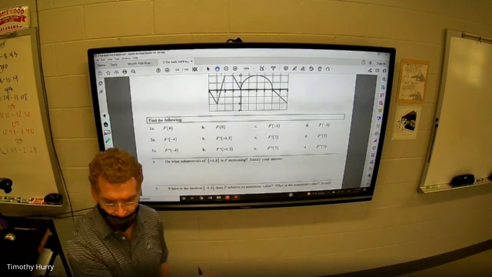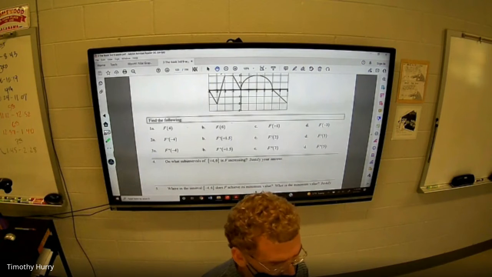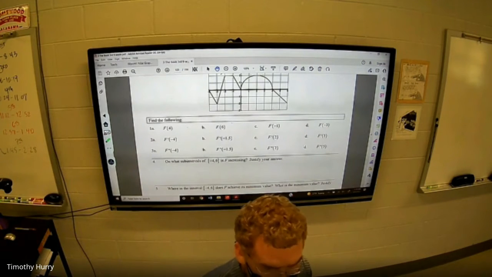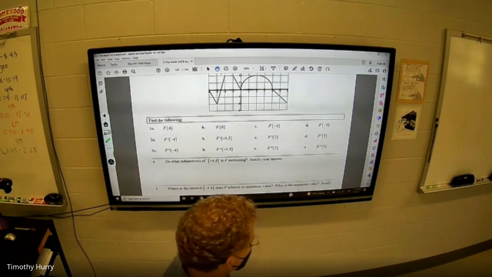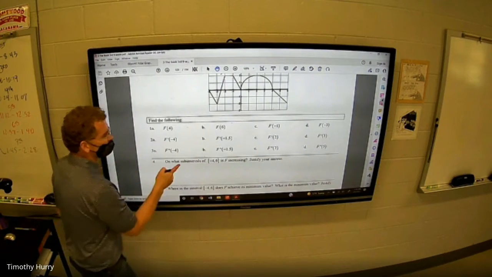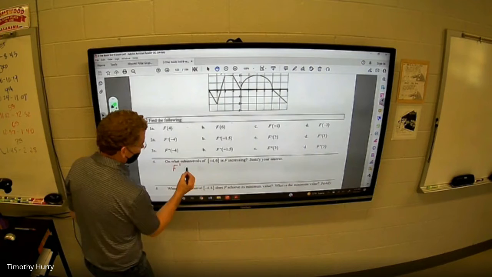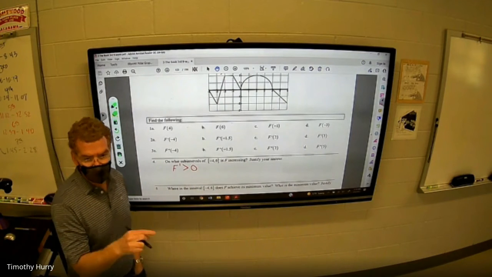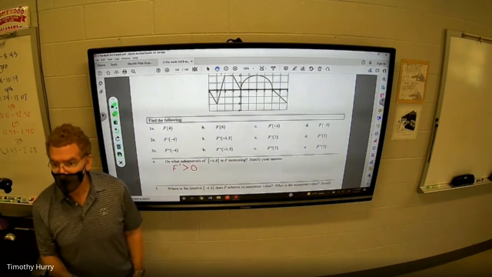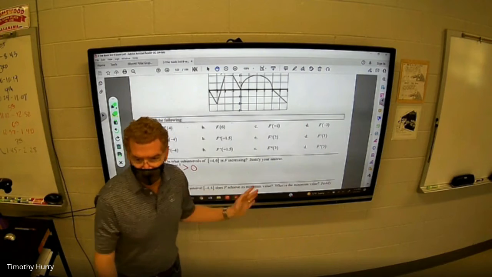Now, forget about the picture a second. Where does a function increase? When its derivative is greater than 0 or positive? Write that. So literally, I'm saying big F increases when big F prime is positive. Now, you could write where the slopes of big F are positive, or you could write big F is increasing, but don't say that because that was the question.